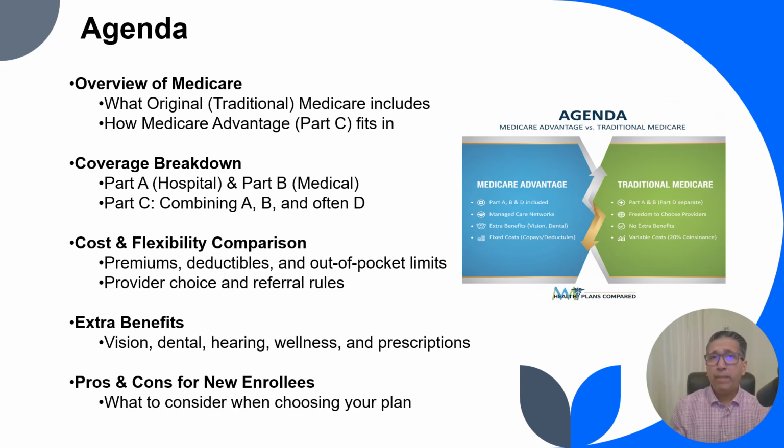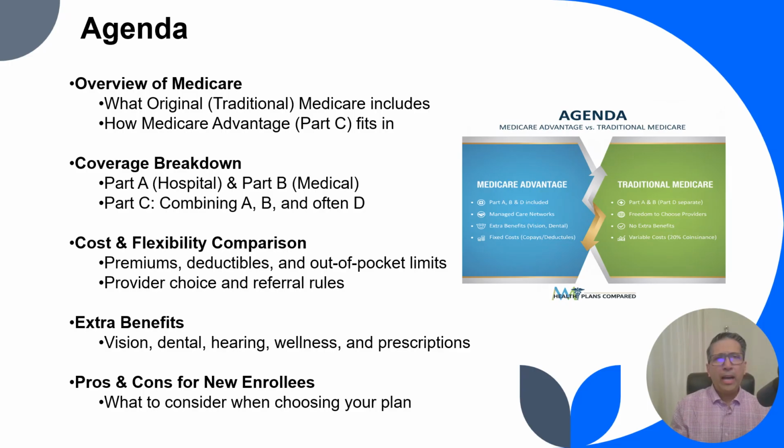So the Medicare Advantage actually combines Part A, Part B, and usually Part D, which is the prescription drugs. So for instance, instead of managing separate plans for hospital, doctor visits, and prescriptions, a Medicare Advantage plan can cover all three under one policy, sometimes with extra benefits like dental, vision, or transportation.